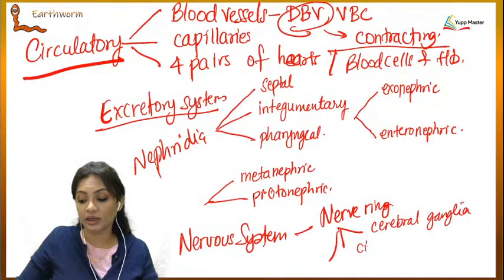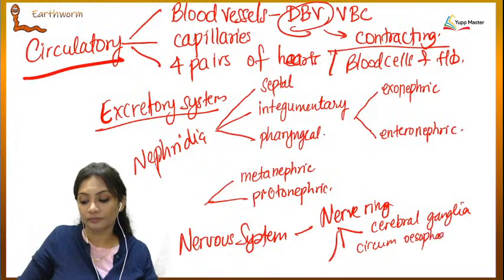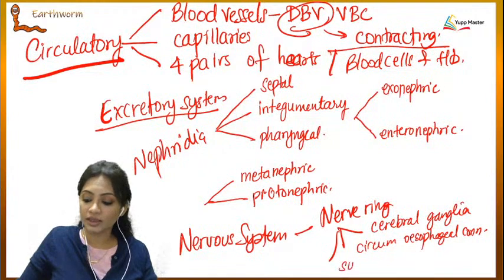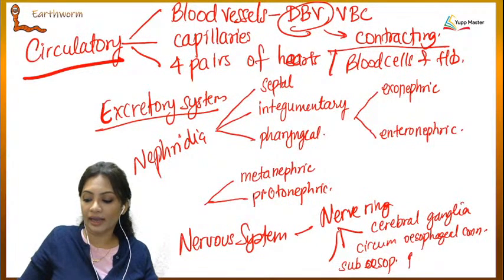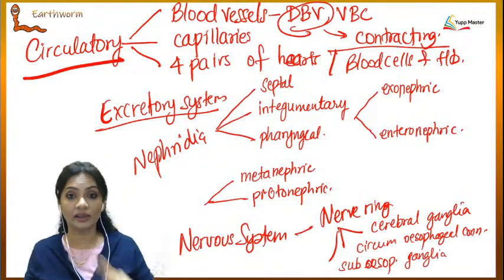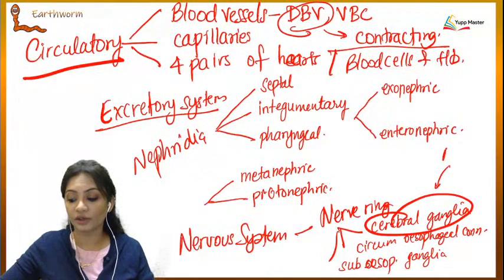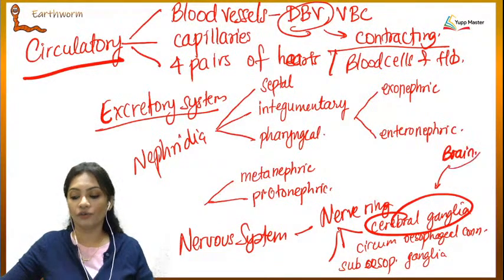Those were called circumesophageal connectives. And the third one was the subesophageal ganglia. So all these three together make the nerve ring, and remember it was the cerebral ganglia which we referred to as the brain of the earthworm.